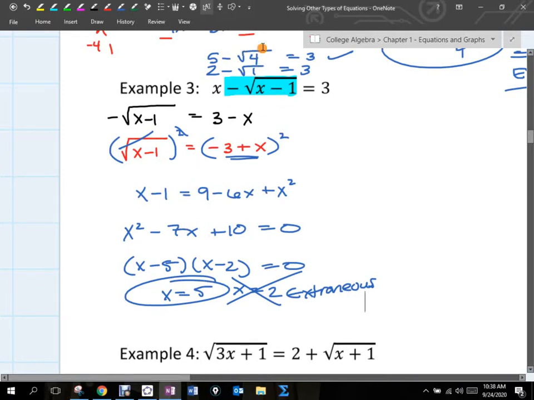Up here when I plug back in, because the square root is already there. Like if I had x squared is equal to 4, that is the question: what number can I multiply by itself 2 times to get 4, right? So that's why I get x to be plus or minus 2.